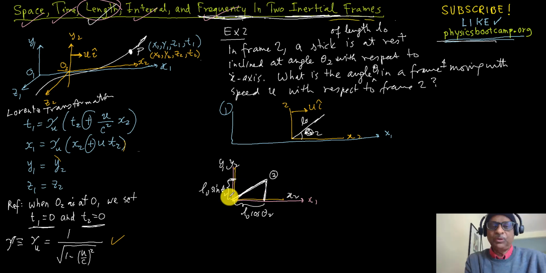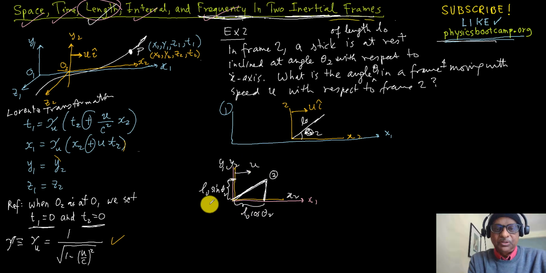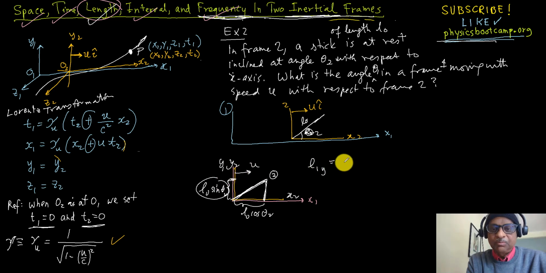This thing is moving with respect to u. So from here you can already tell that this length will be the same in frame 1 and frame 2. So L1y will just be L0 sine theta 2, and L1x will be this one compressed by gamma, right?